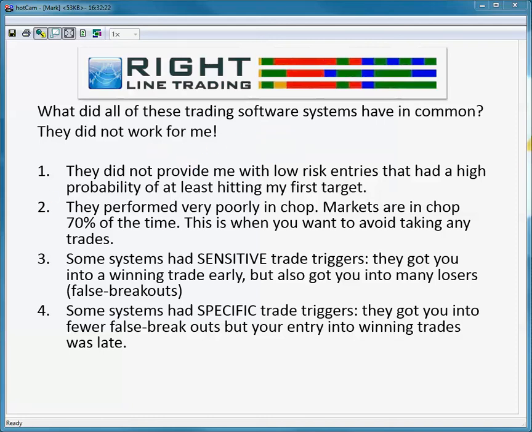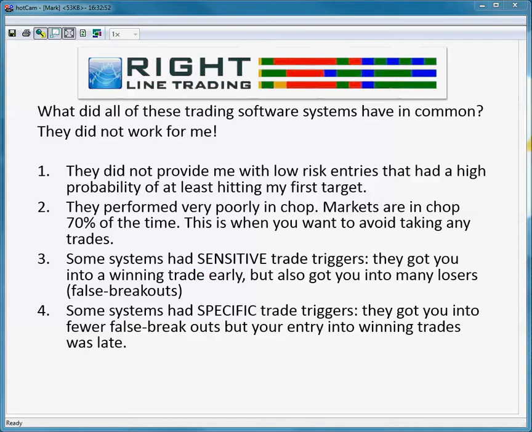They did not provide me with low-risk entries that had a high probability of at least hitting my first target. They performed extremely poorly in chop. And since markets are in chop 70% of the time, it's very important that the trading software clearly define chop and allow you to avoid trading during this time.